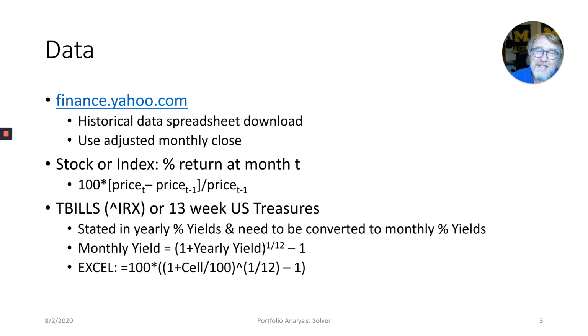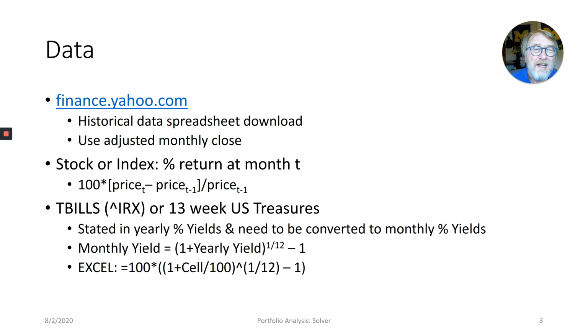We're also looking at T-bills, which are 13-week US Treasuries. That's a very important concept in finance, something called the risk-free rate, and often T-bills are used for that. Its ticker is IRX. Don't ask me why, I have no idea.